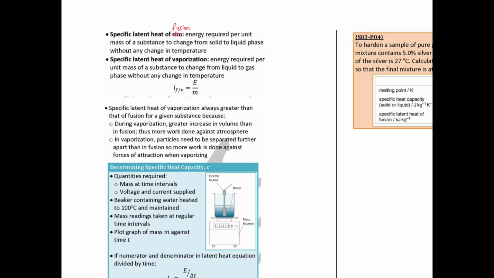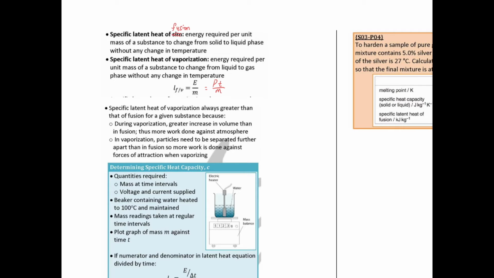Now, sometimes we also need to know that the heat energy here is also equal to power multiplied with time. This is very useful for electric devices where they give you the power and how long they use. So you just take the power in watt, multiply with time in second, and then you get the heat energy as well.